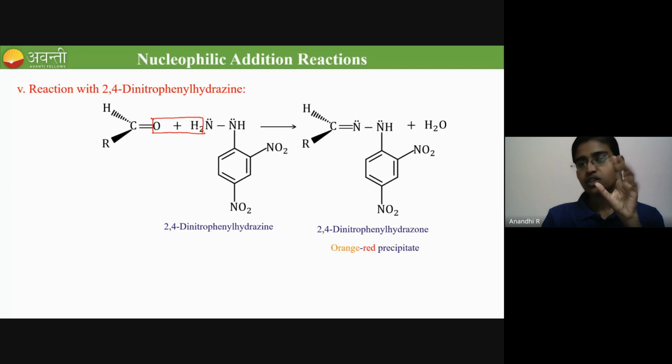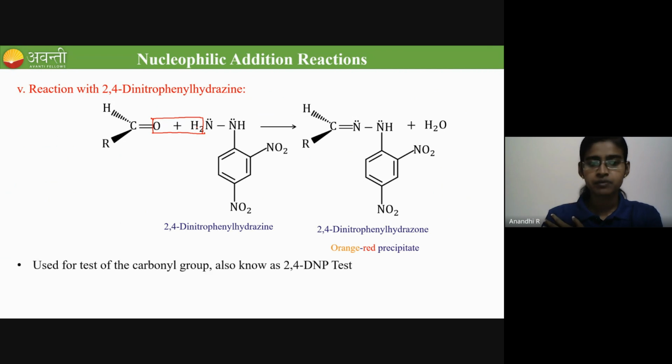This compound is colored, and the color is orange-red. It forms as a precipitate. This reaction is used for the test of the carbonyl group, so it is also called the 2,4-DNP test.